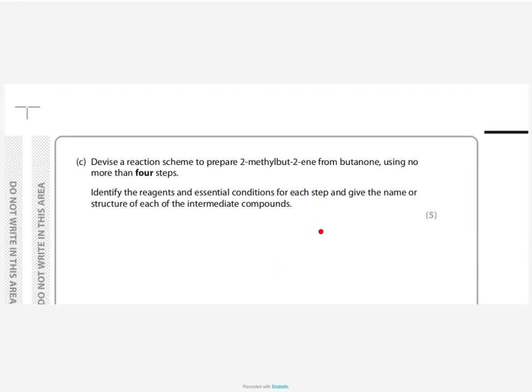Devise a reaction scheme to prepare 2-methyl-butene from butanone. This is butanone. See, there are so many conversions. 5 marks are given, but you don't usually get more than 4 steps.